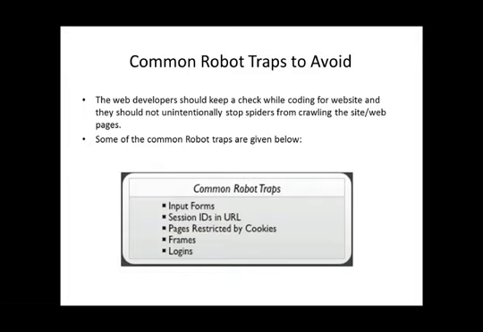So these should also be avoided to some extent, and we should not use a lot of frames on individual URLs. We should not have login on all the pages, because Google cannot go ahead and log in, so login should not be there on all the pages of the website.